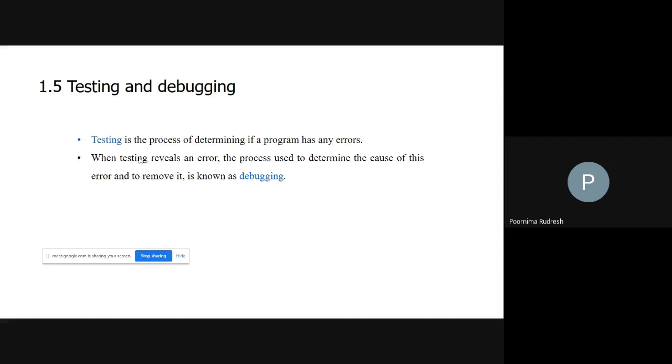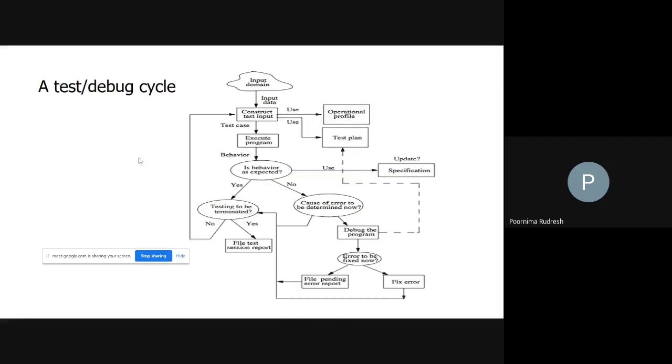That is explained with the help of the state diagram. See here, this is very, very important. In the exam, they may ask, explain the test or debugging cycle. Normally the terms testing and debugging are used interchangeably, or they may say in a single word that testing is done or debugging is done.